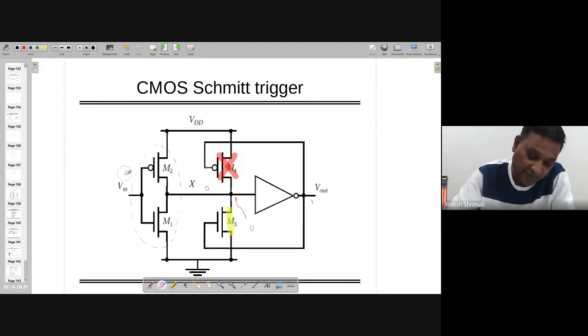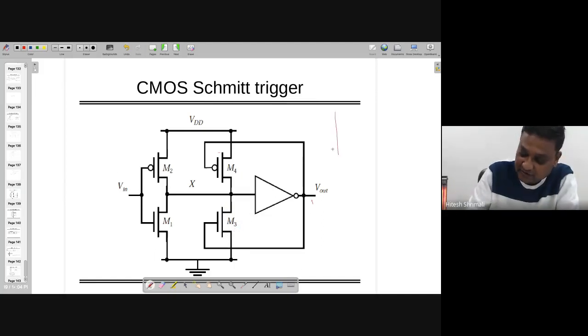And the opposite will happen when Vin is equal to 0. You can derive what is going to happen. However, the main conceptual thing is when this is going to make the switching from 1 to 0 or 0 to 1.